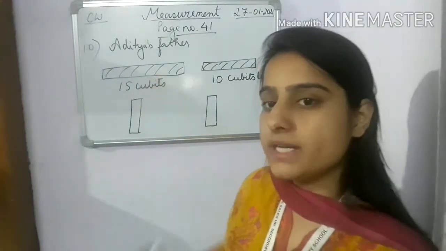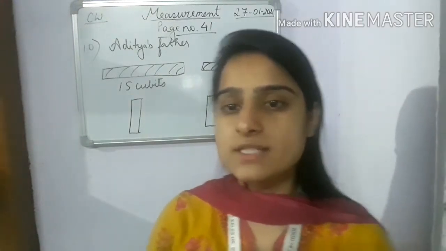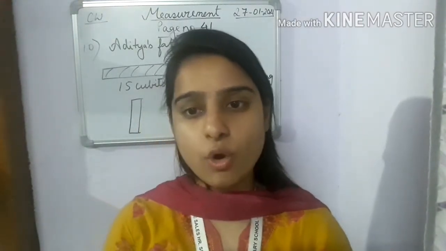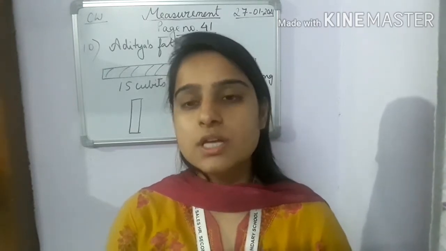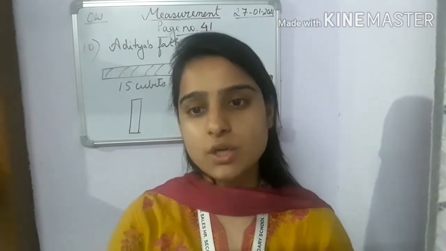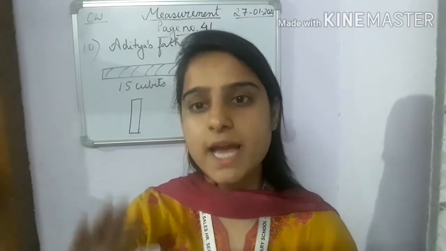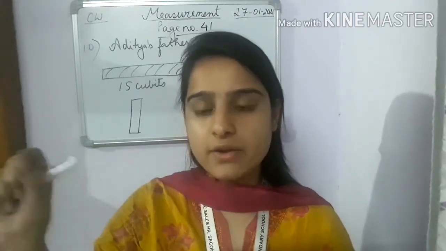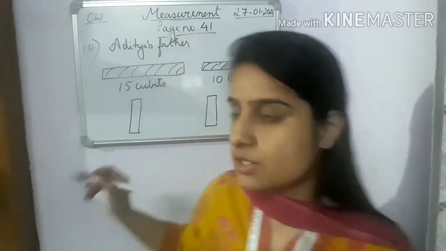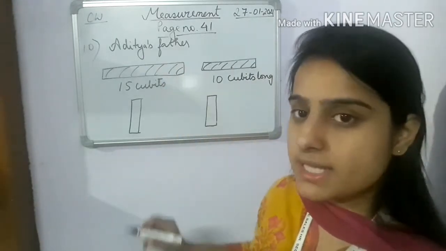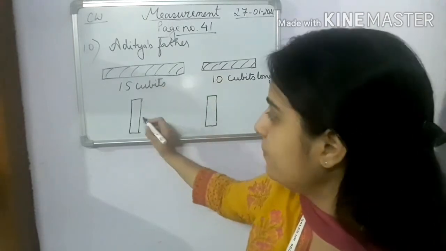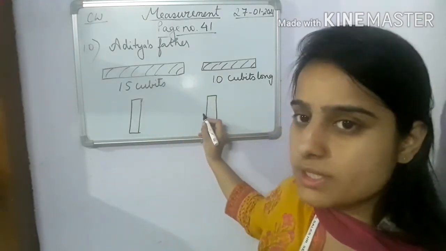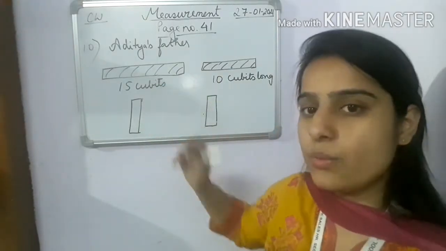Children, you see at your home that your mother, after washing clothes, puts the wet clothes outside, right? She hangs those clothes on the wire, on the rope. The same Aditya's father was thinking to do.